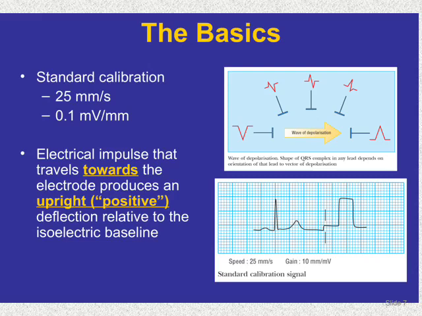So each small square will be 0.1 millivolt, and each two large squares will be 1 millivolt. So this is a standard calibration we have to see, and that's why the ECG papers are divided into small and large squares.